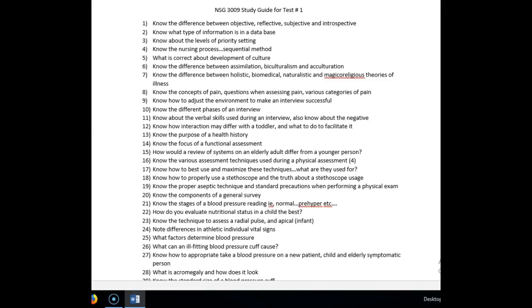How would a review of systems of an elderly adult differ from a younger person? Realize that when you are dealing with an elderly adult, there are going to be some adjustments that need to be made.